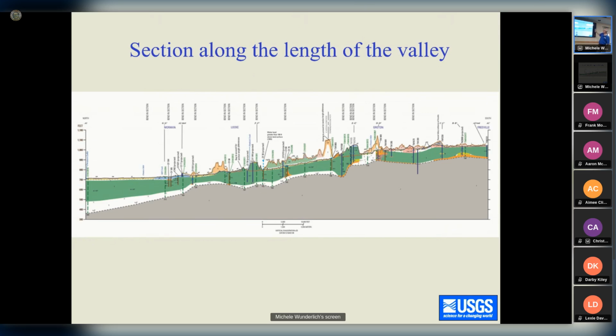The other thing I wanted to point out here is these pale orange locations are sand and gravel that's up on the valley wall. So these are those places where the ice paused for a while. And so those are potential places where water can get into deeper aquifers.